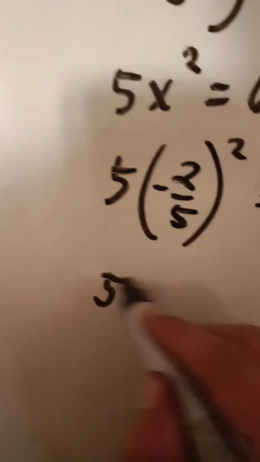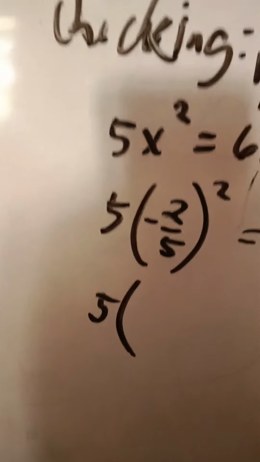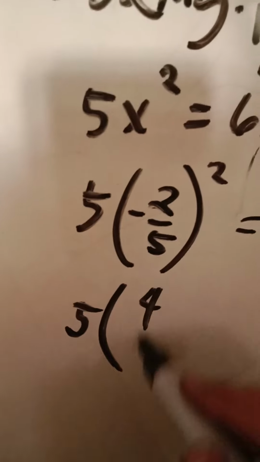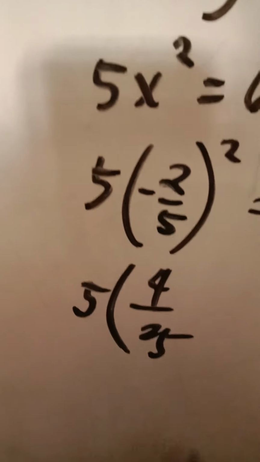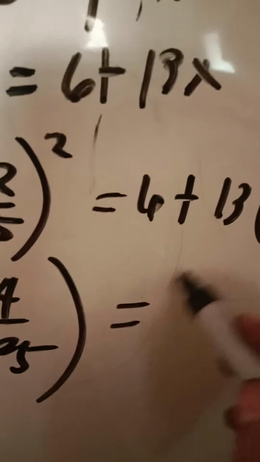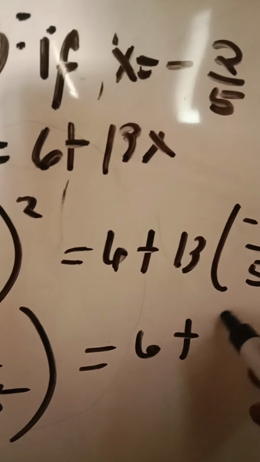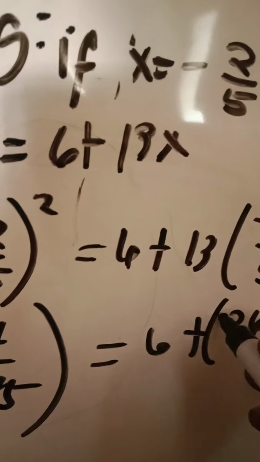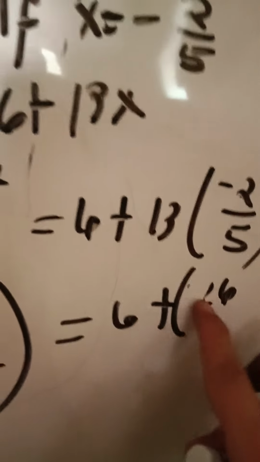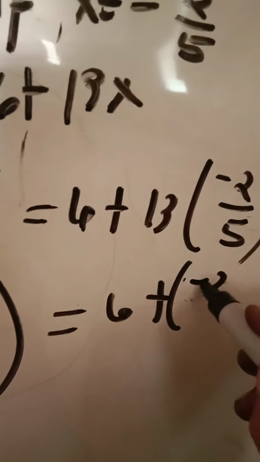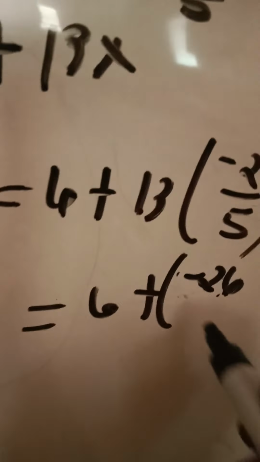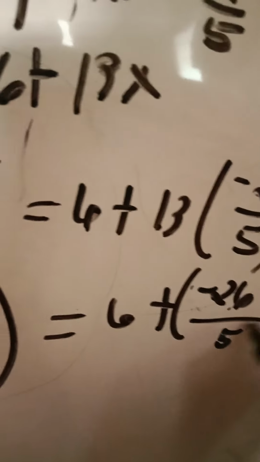So 5 times negative 2 fifths times negative 2 fifths is positive 20 over 25, equal to 6 plus 13 times negative 2, which is negative 26 over 5.